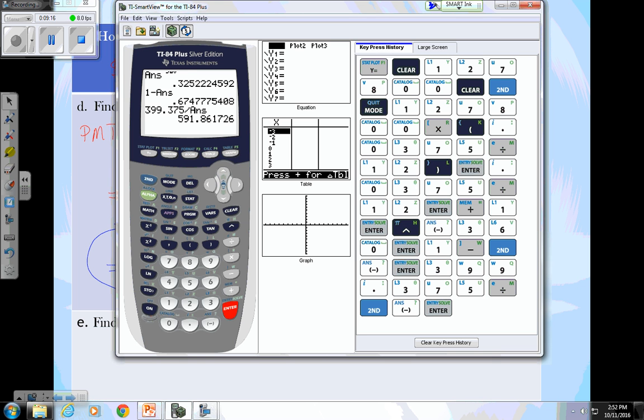And that is our payment of $591.80861. Now, I'm going to round that up to the nearest cent, because when you owe money to the bank, you never round down. The bank always makes sure that it gets its money. So the bank never rounds down. It always rounds up to the nearest penny. So it's going to be $591.87.